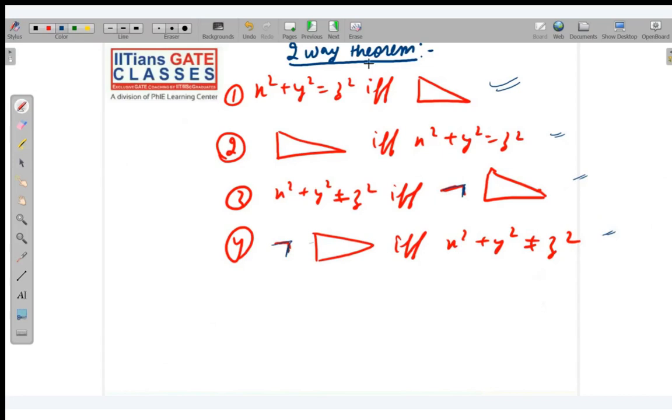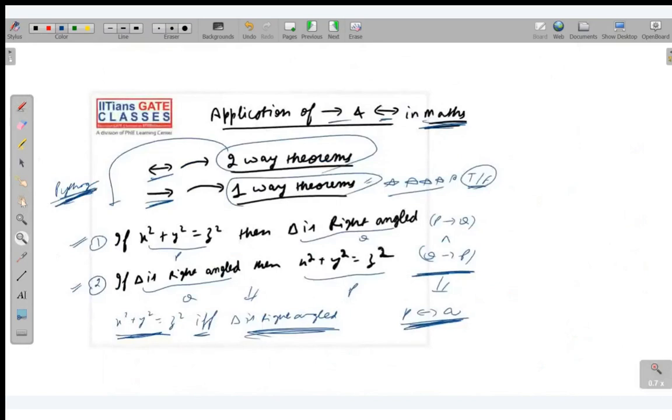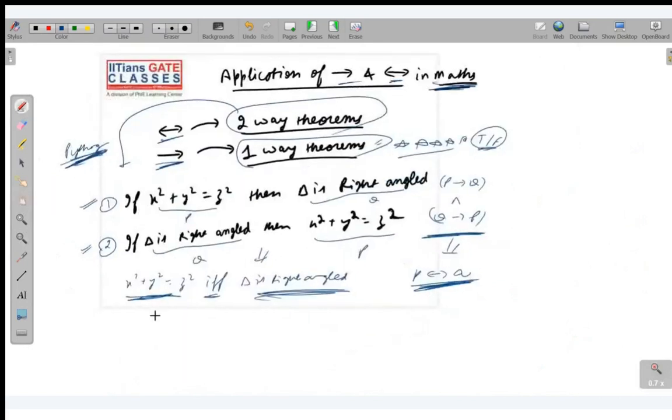Since it goes both ways, what does that mean? If this is true, this is true. If this is false, this is false. That is the basic law. Okay, let me show you. Both ways, if and only if, means that when x square plus y square is equal to z square is true, then the triangle should be right angled. This should be true, and when this is false, then this must be false.